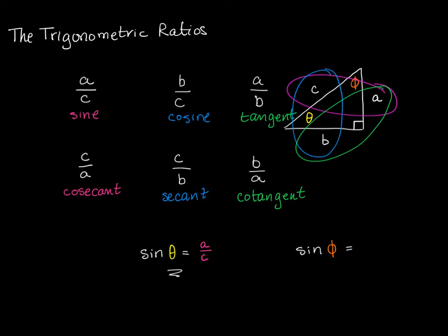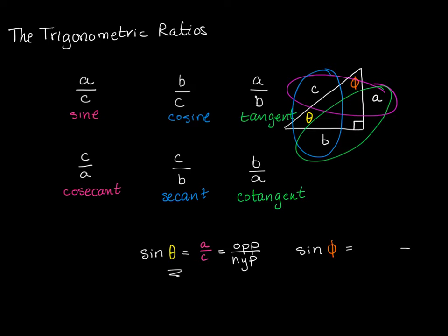So the sine of an angle is going to depend on where that angle is in relation to the sides, or perhaps more accurately, where the sides are in relation to the angle. So we say that the sine of theta is A over C because A is opposite the angle theta and C is the hypotenuse.